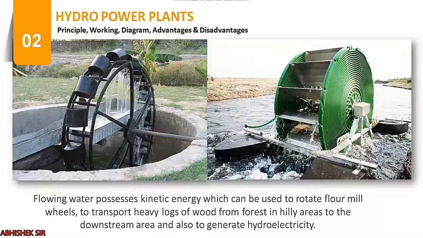In earlier times it was also used to transport heavy logs of wood from forests in hilly areas to downstream areas. Now it is also used to generate hydroelectricity, right? So we have been using it since earlier times. Clear? Because water has potential energy as well as kinetic energy, so that energy can be utilized.